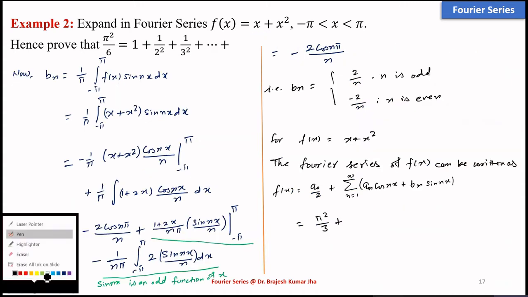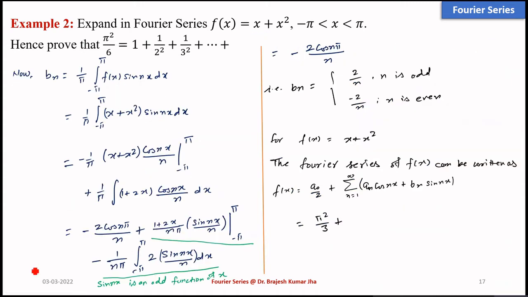So here I can write, an is minus 4 by n square and bn is 2 by n for n is odd, and an is 4 by n square and bn is minus 2 by n for n is even. So first I write the first term for n equals 1.